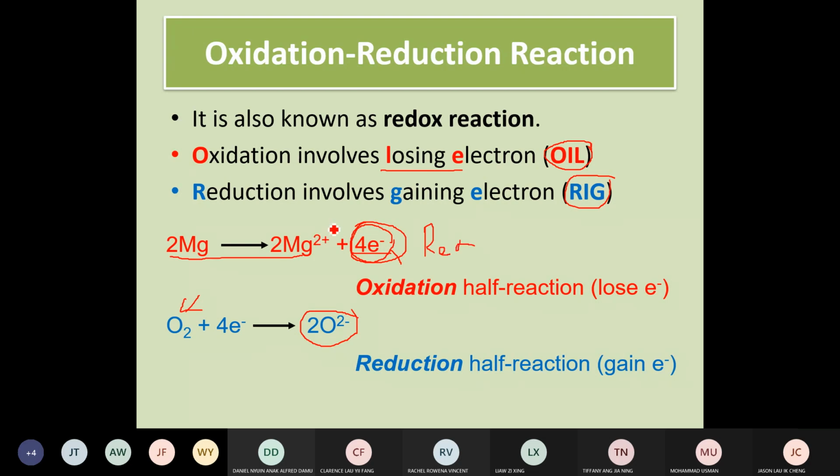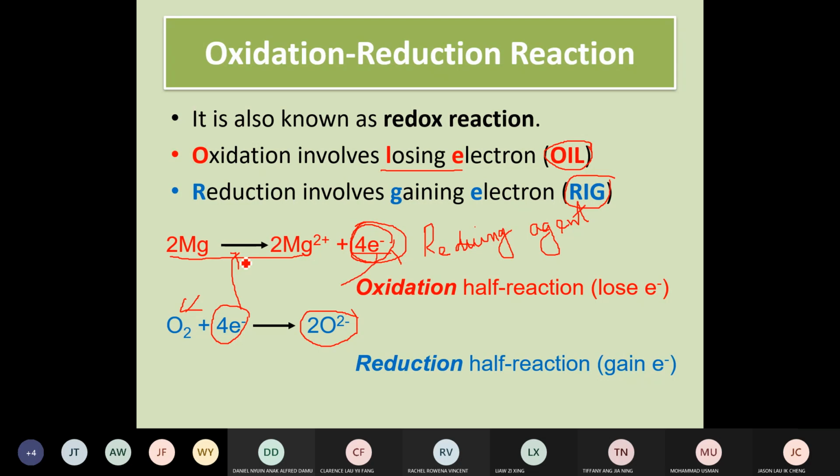Reducing agent. Where oxidation is happening is a good reducing agent, and where reduction is happening is a good oxidizing agent, because it is taking up the electron and helping others to be oxidized.